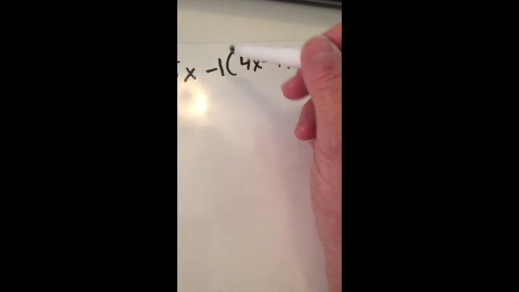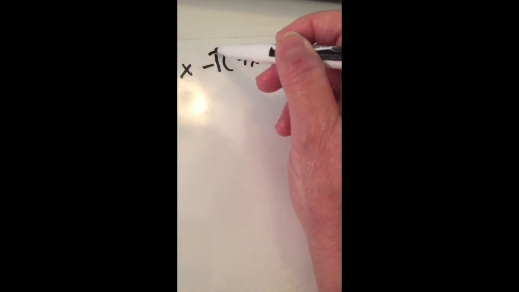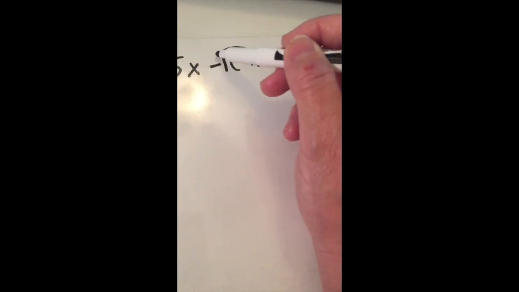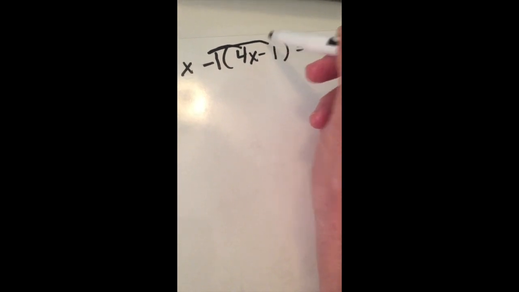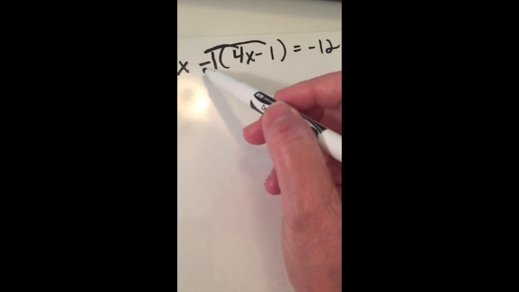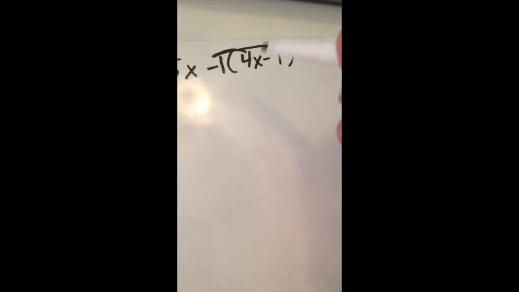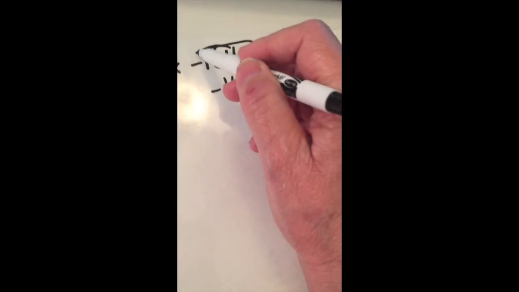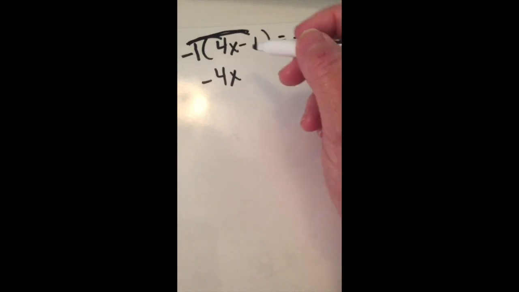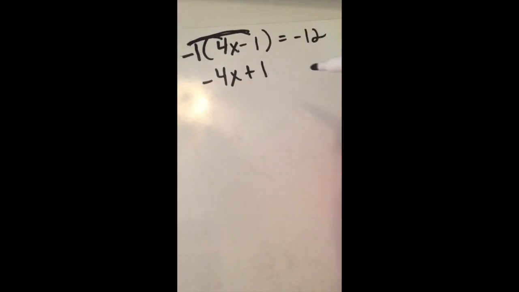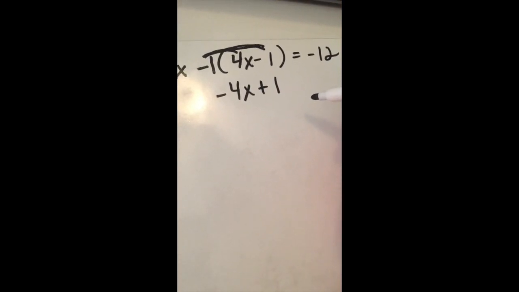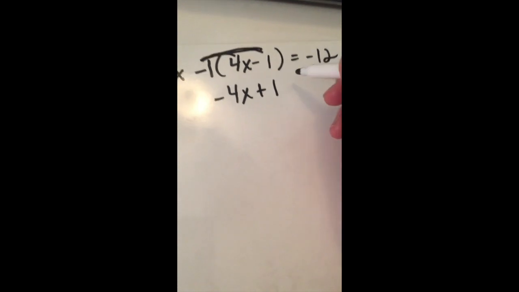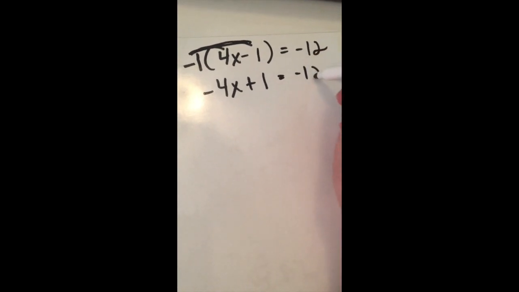Okay, so we're still going to distribute it to the 4x and to the negative 1. So negative 1 times 4x is negative 4x. Negative 1 times negative 1 is positive 1. Remember, a negative times a negative is positive. We're going to bring down the rest of the equation.